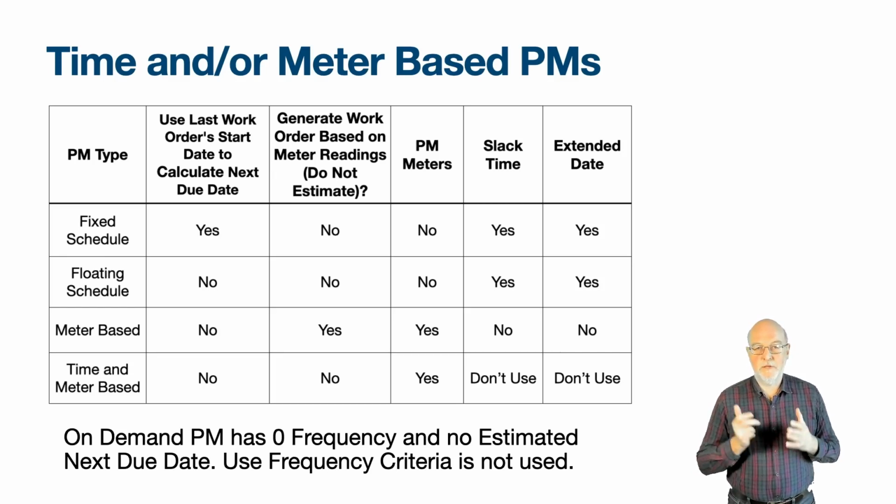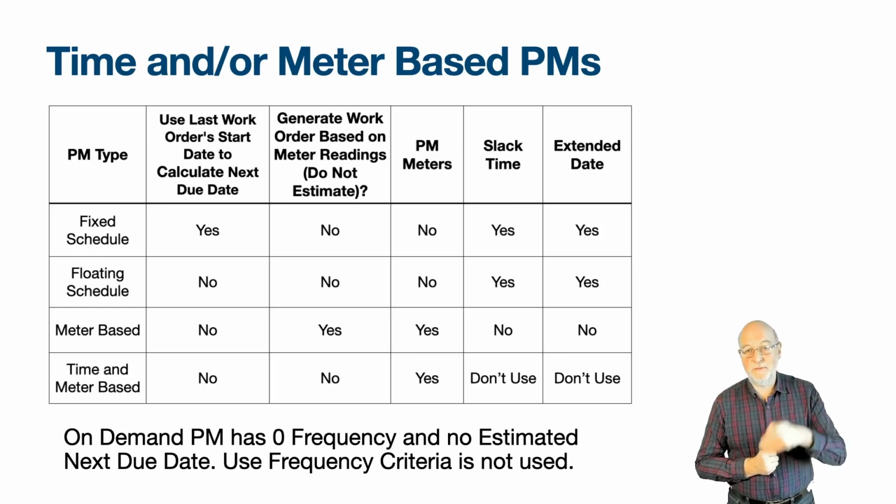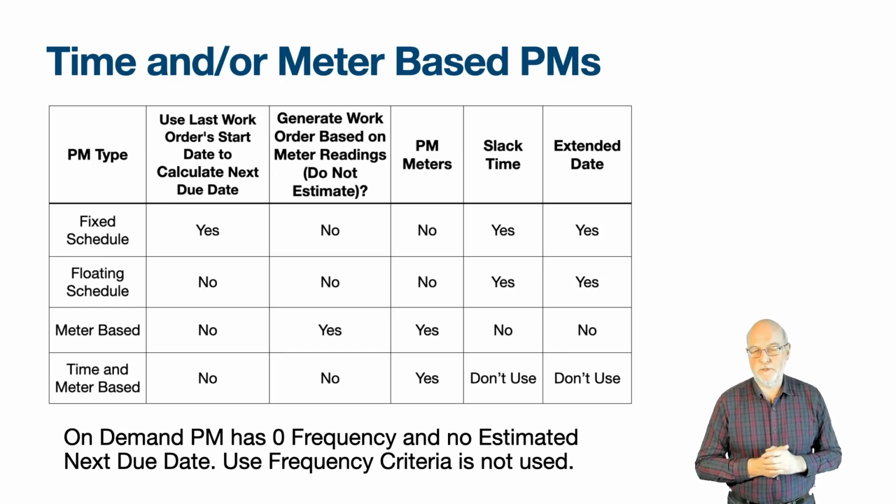If you have a zero frequency PM with no PM meters and you add an estimated next due date, then this is now either a fixed schedule PM or a floating schedule PM. Only one work order will be generated because there is no frequency to set the next estimated next due date after the first work order has been generated.